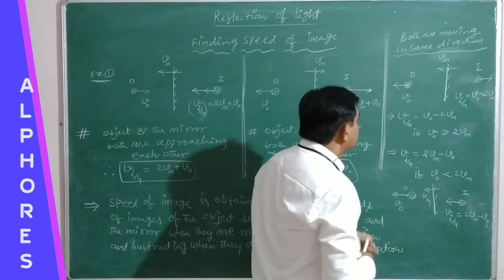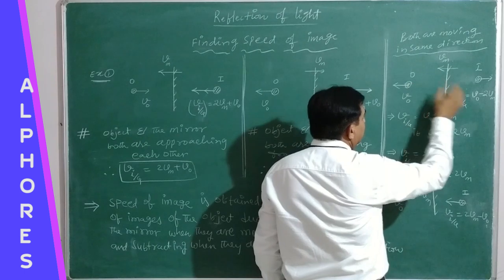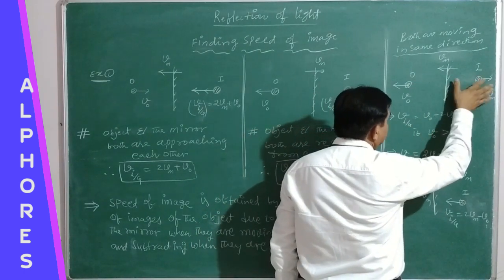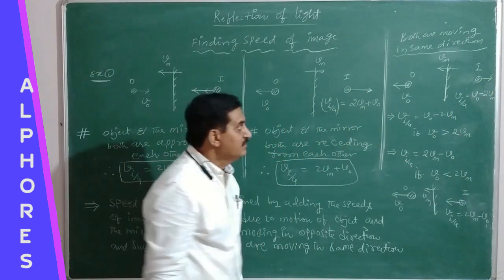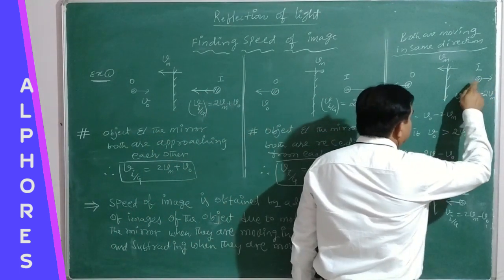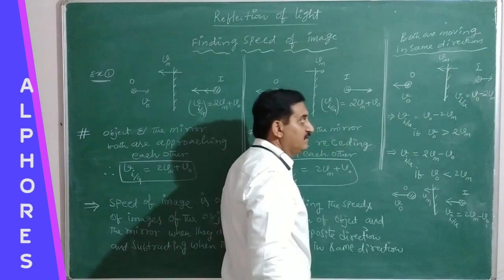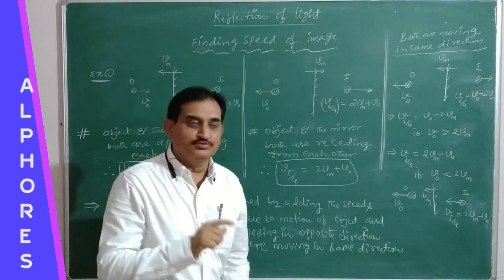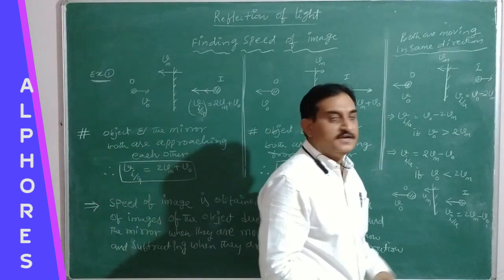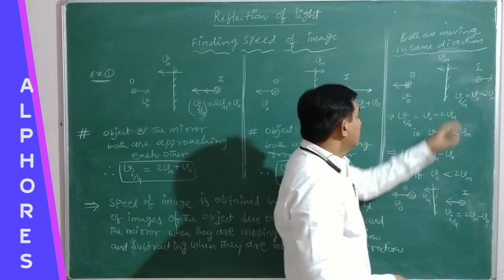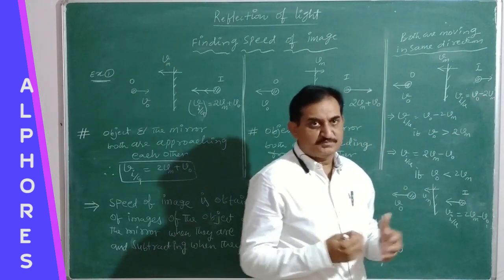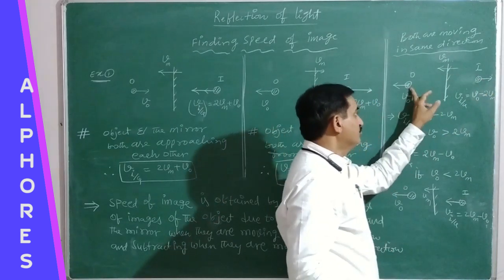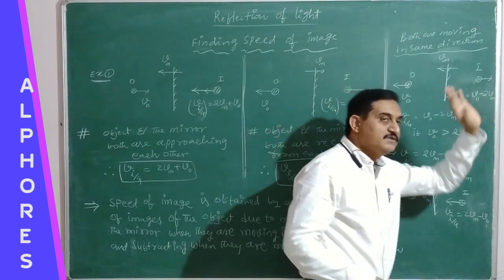As a result, the corresponding separation between the image and the plane mirror also increases, so the image is moving away from the plane mirror. In such a case, the result is obtained by subtraction of the speed of the image due to motion of the object and the speed of the image due to motion of the plane mirror.